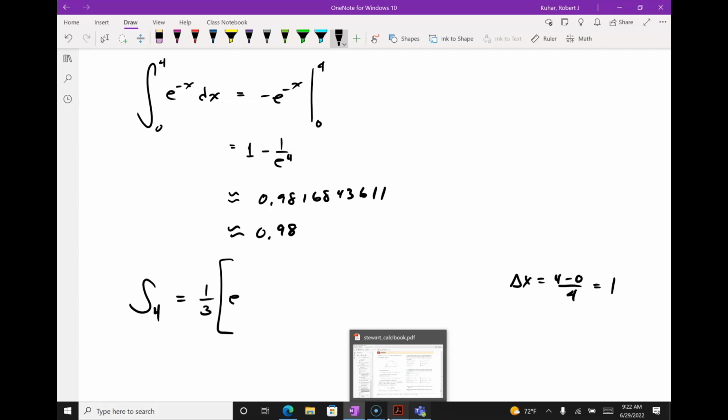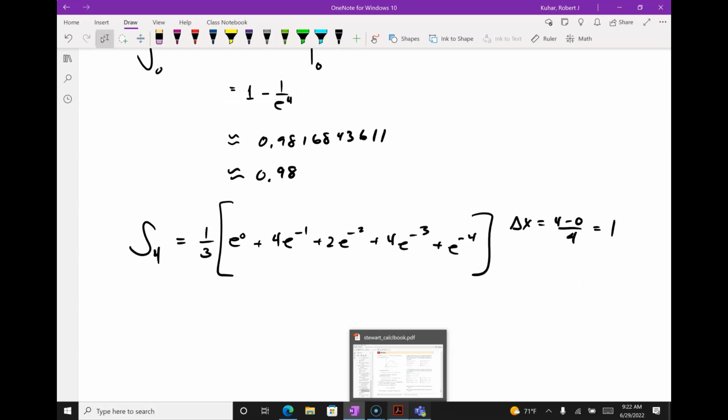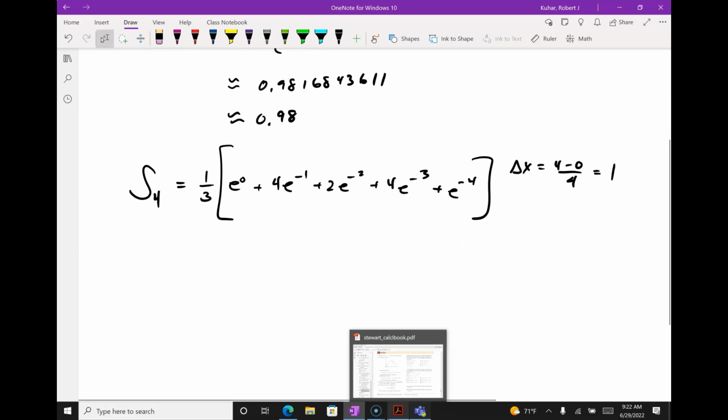Let's see, we need 1 e to the 0 plus 4 e to the negative 1 plus 2 e to the negative 2 plus 4 e to the negative 3 plus 1 e to the negative 4. We agree? We're looking for that 1, 4, 2, 4, 1 pattern, making sure we bookend with the 4s and the 1s, right? Everybody okay here?